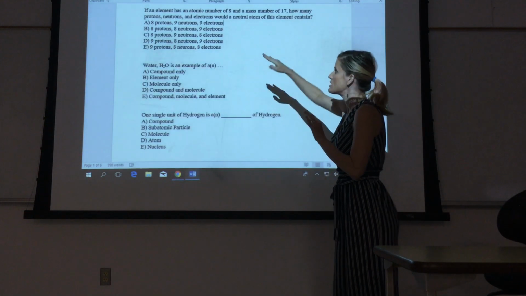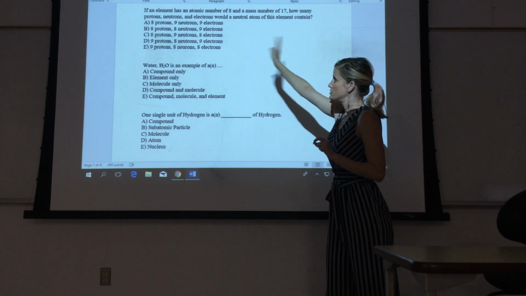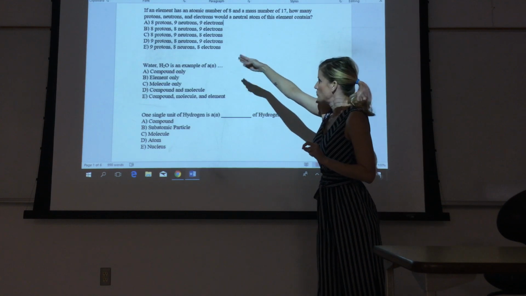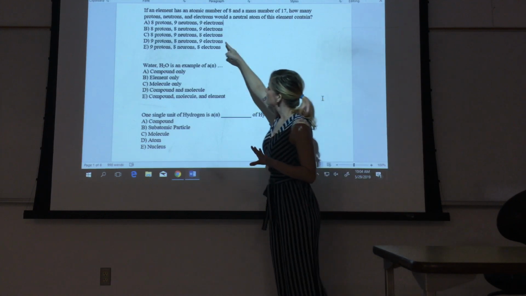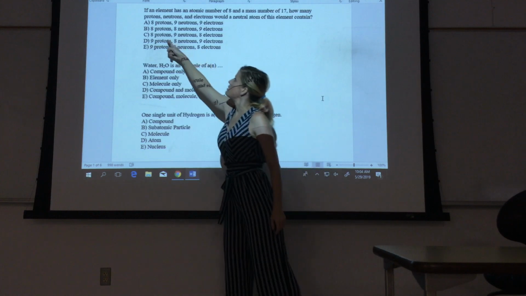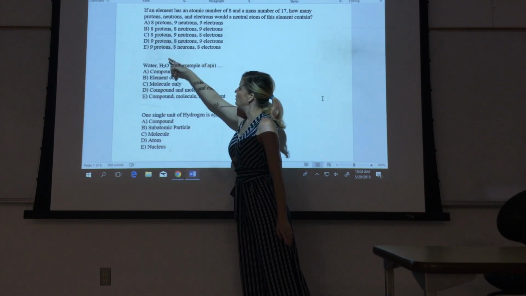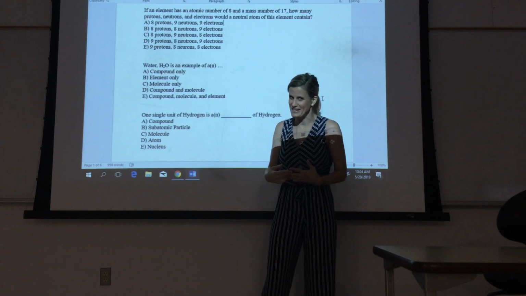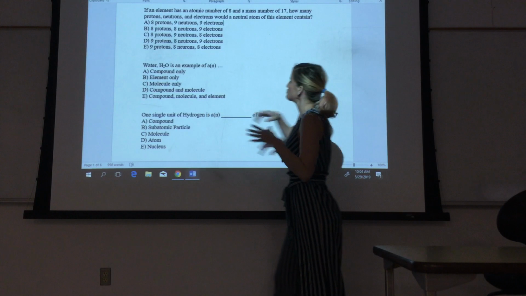Looking at my answers, A does not have 8 protons and electrons, so it's not that. B, no. C is a possibility, because it has 8 protons and 8 electrons. D, no. E, no. So right off the bat, we know that it's C. But let's check the neutrons just to be safe.